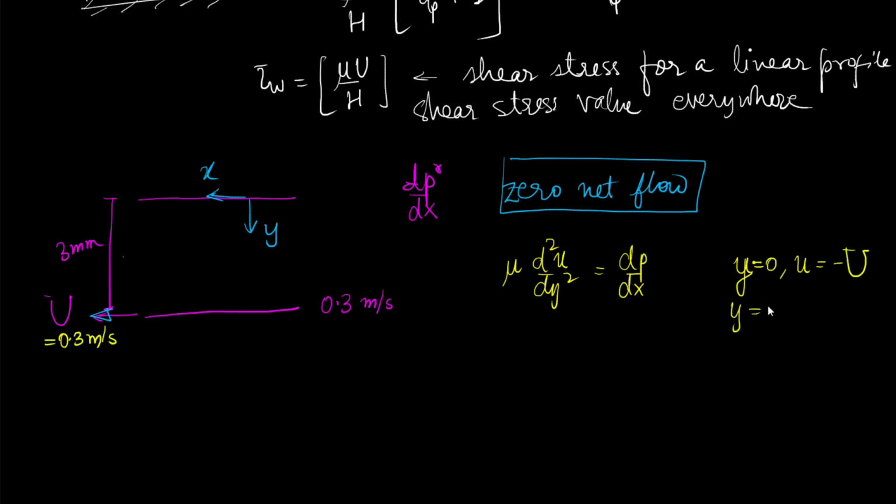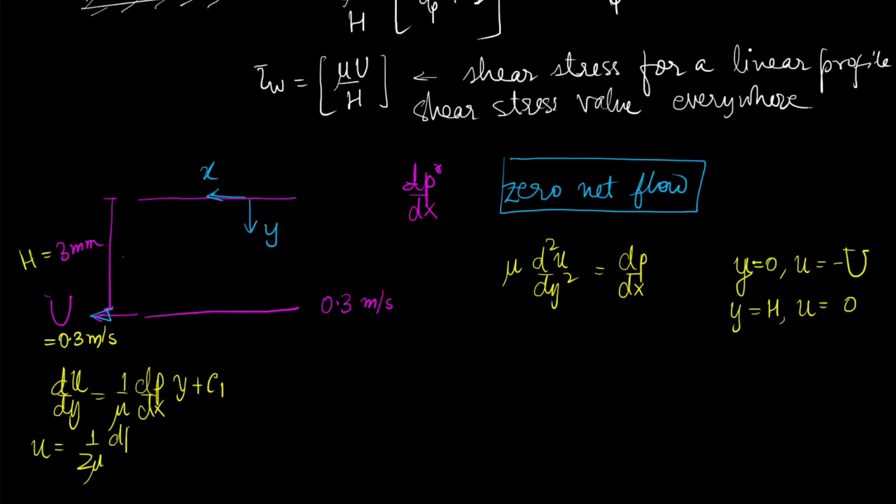At y equal to h, where h is basically 3 mm, u is going to be equal to 0. So these are the boundary conditions. So we have du dy is equal to 1 upon mu dp dx times y plus c1, and u equals 1 upon 2 mu dp dx y square plus c1 y plus c2.